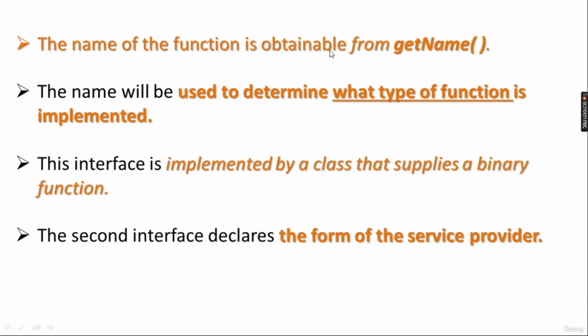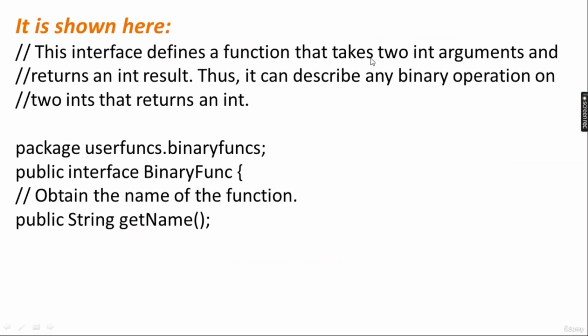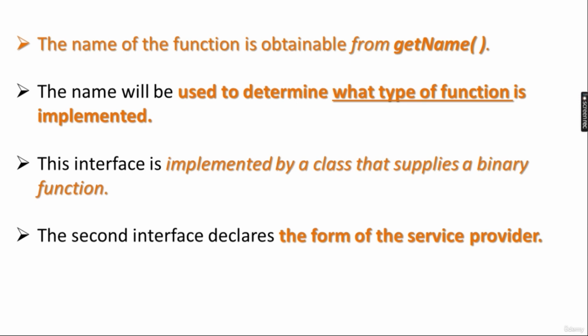The name of the function is obtainable from getName. GetName will tell you the name of the function. Public String getName. The name will be used to determine what type of function is implemented. By using getName, we will understand what type of function is implemented.